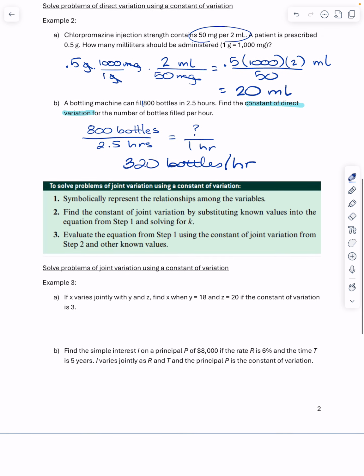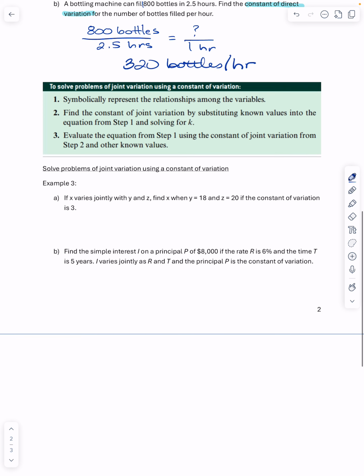Okay. We can have a joint variation. It just means that something varies with 2 other things. So here, X varies jointly with Y and Z, and here's my constant of variation.